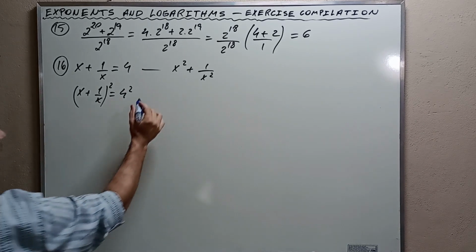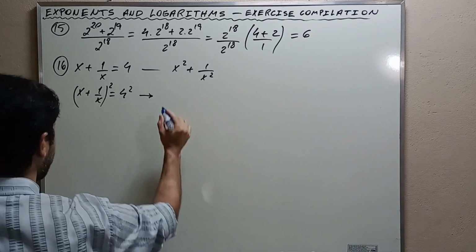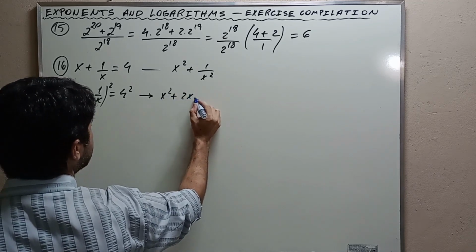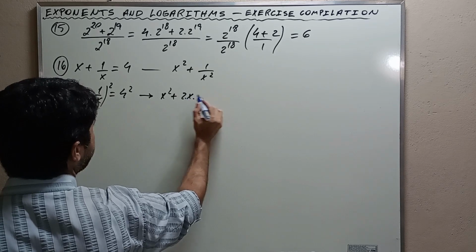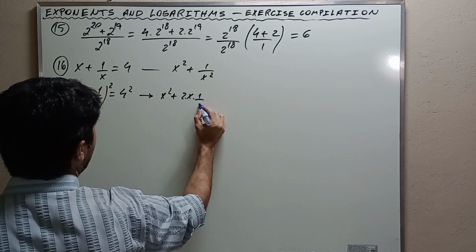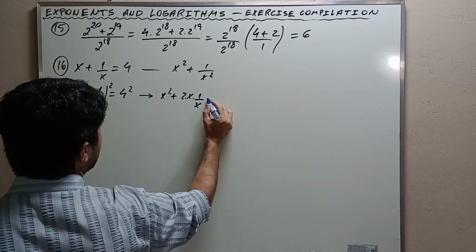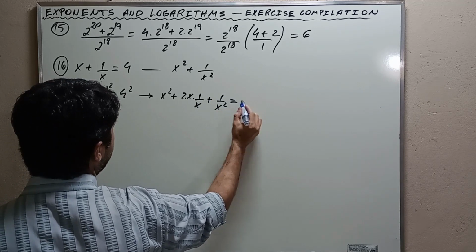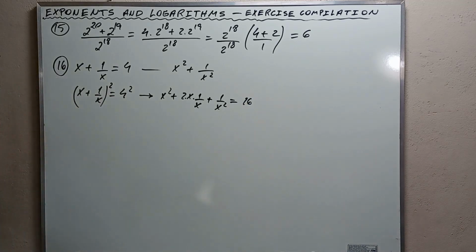Extending this, we find that it is x squared plus 2 times x times 1 over x plus 1 over x squared, and this has to be equal to 16. Okay?